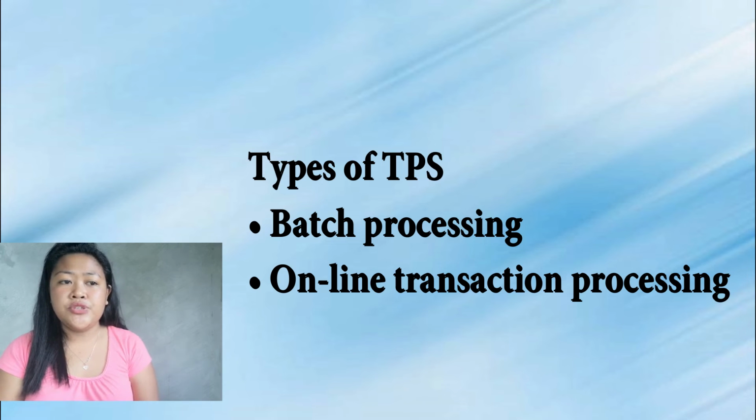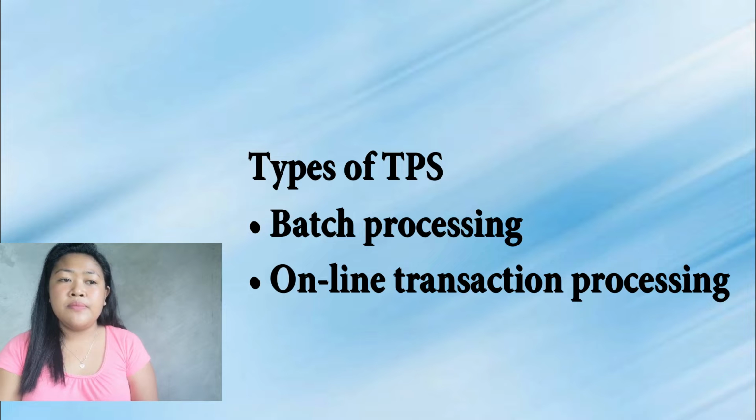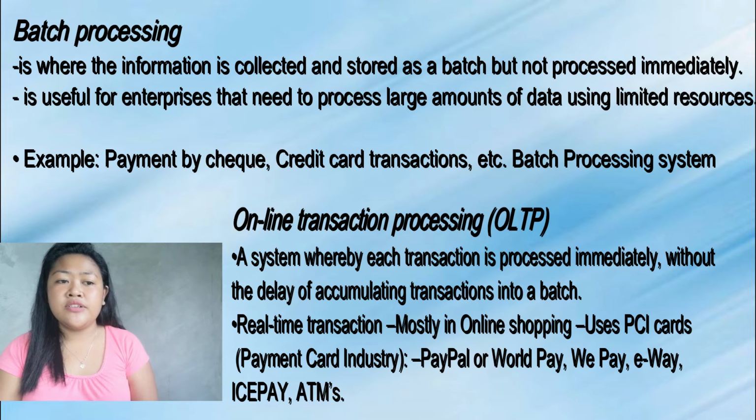There are two types of transaction processing system: the batch processing and online transaction processing. Batch processing is where the information is collected and stored as a batch but not processed immediately.